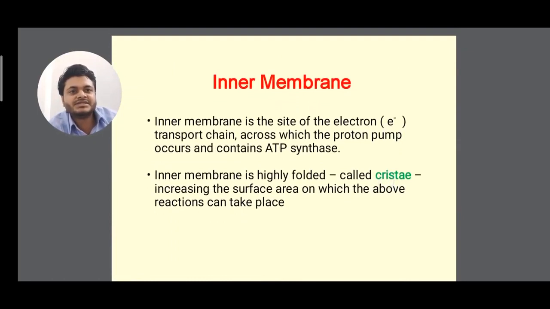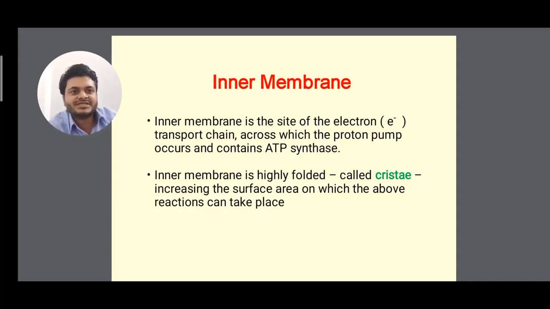The inner membrane is a site for the electron transport chain, across which the proton pump occurs, and it contains ATP synthase. ATP synthase is an enzyme for the production of ATP.